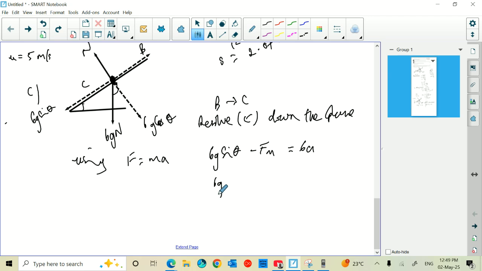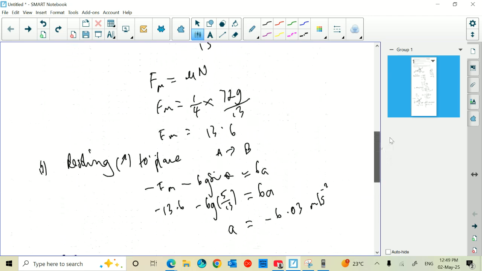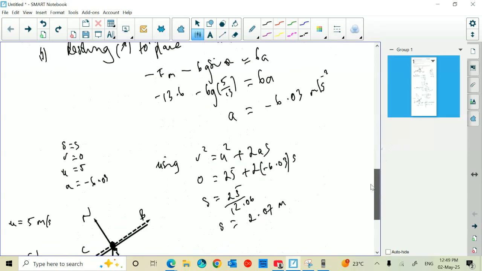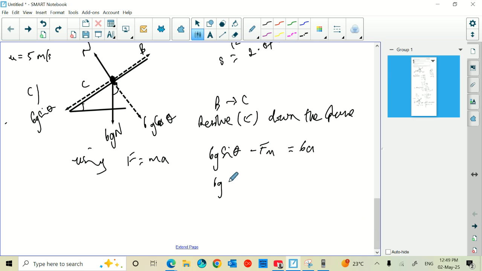Now I know that sine theta is 5 over 13. So 6g times 5 over 13 minus Fm, and Fm we got to be 13.6, 13.6 is equal to 6a.